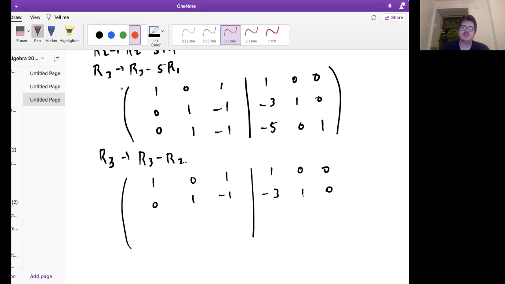Row 3 minus row 2, it's 0, 0 something, yeah? 0, 0, not 1. It's not going to be 2 either. -1 minus -1. Yeah, okay, keep track of the negatives. That's where a lot of mistakes will happen. Get a 0.